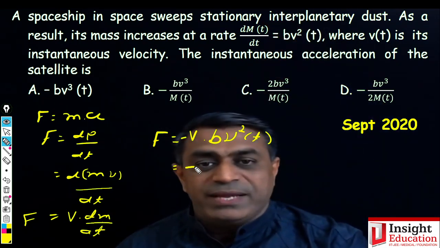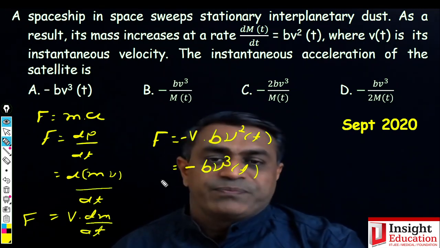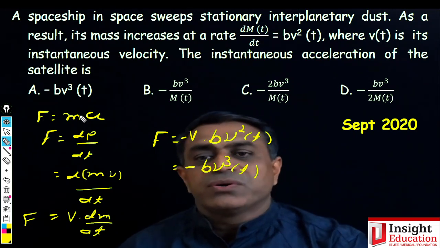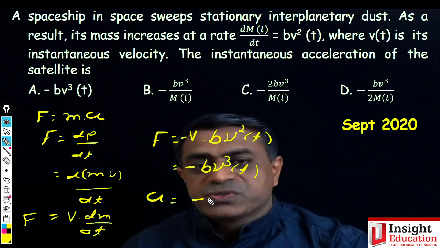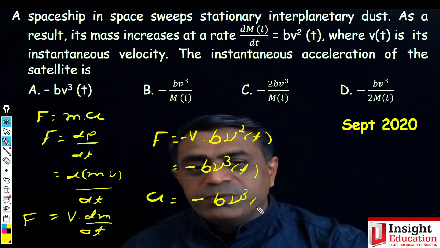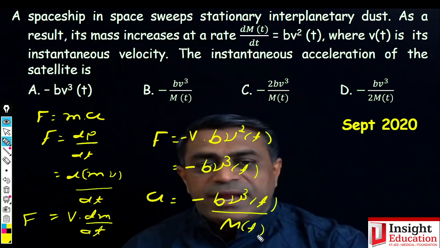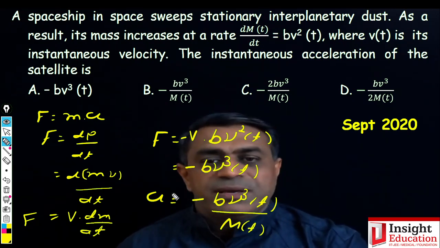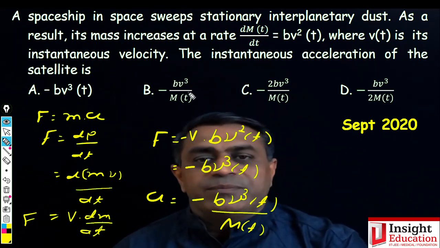So I can write minus b v cube, a function of time. Now if I want to find the acceleration, acceleration is equal to force divided by mass. So acceleration is equal to minus b v cube upon mass, and mass I can write as m(t). So you can see b v cube, a function of time, upon m(t).